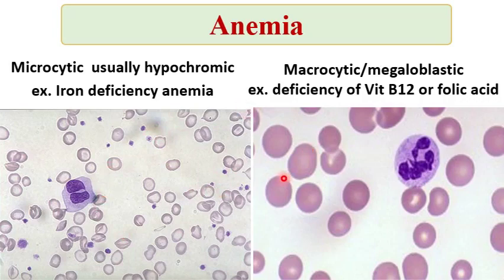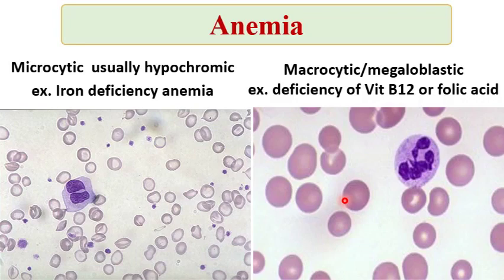The other type is called macrocytic hyperchromic anemia, or megaloblastic. Megalo means large cell. Macrocytic means the size of RBCs is larger than normal, larger than 9 micrometers. This is called macrocytic. Macrocytic is usually hyperchromic.